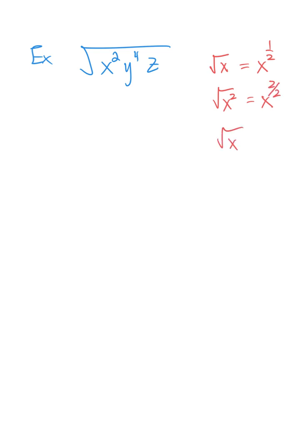Square root of x cubed would be the same thing as x to the 3 over 2. Square root of x to the 4th would be the same thing as x to the 4th over 2. So again, you're talking about x to the power over the root when we're changing it to exponential form. And we're doing this because this is how we clean it up.